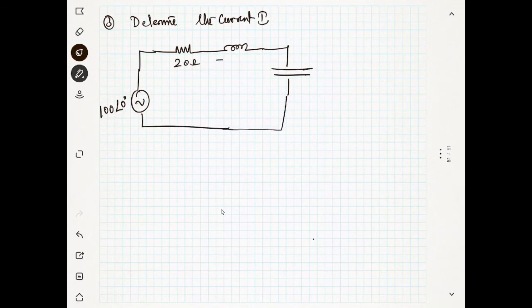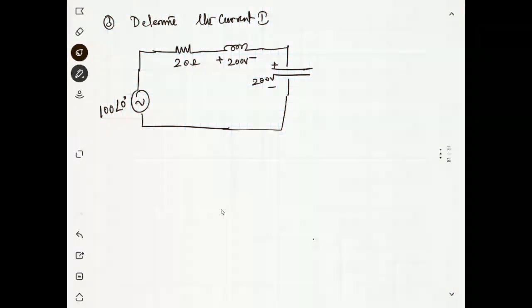You have a voltage drop across here of 200 volt, and this is 200 volt. Now you have to find the current. What will be the current?